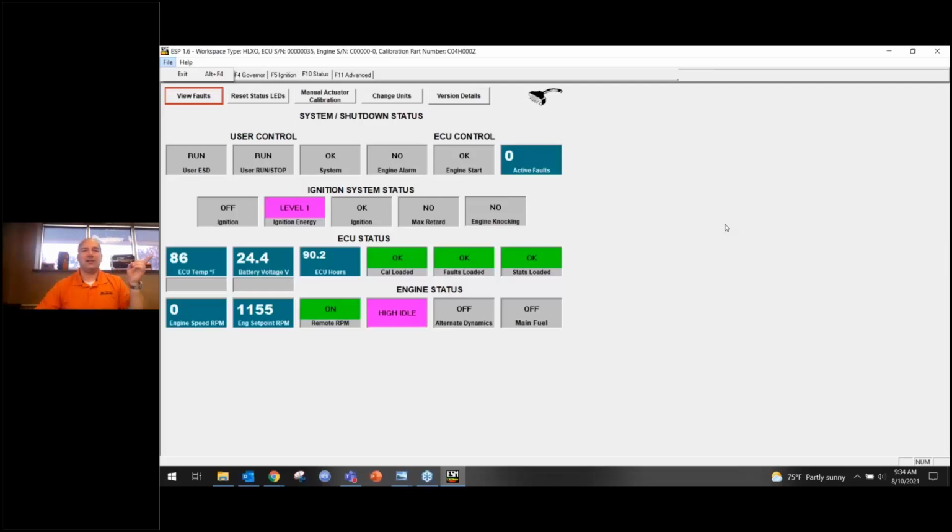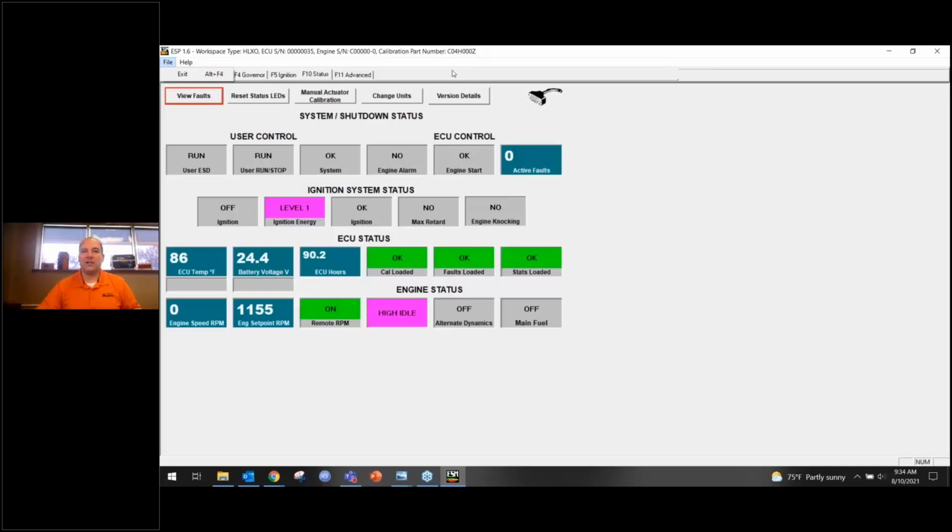I just disconnected from a VGF serialized ECU, and it tells me I'm working in a certain workspace. If I want to know what my workspace is, I can cheat and look up at the top here. It says I'm currently working in workspace HLXO. That's important to know if you're using the training tool. It gives all my ECU and engine serial numbers as well as the calibration that I'm working on.